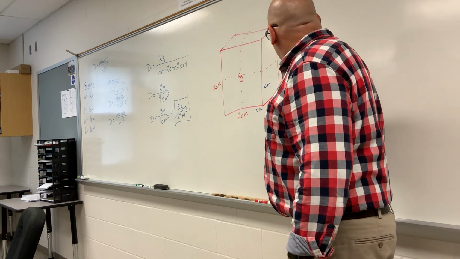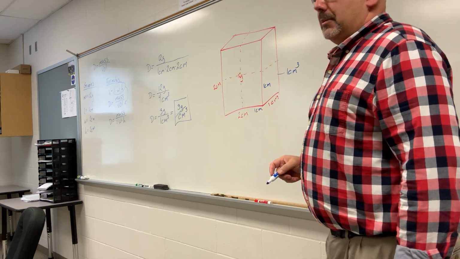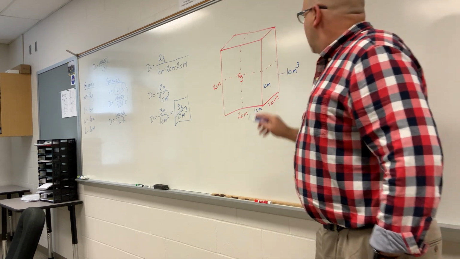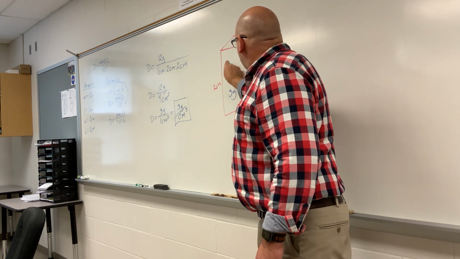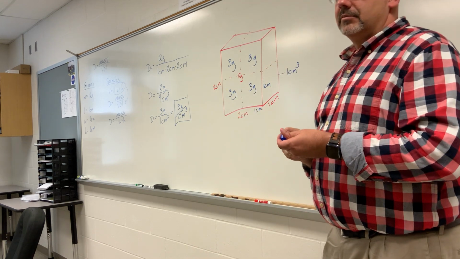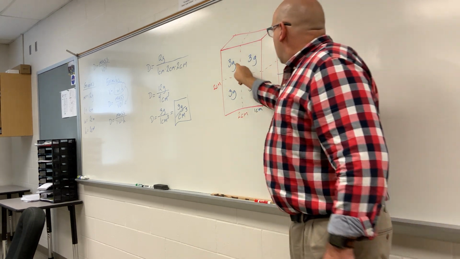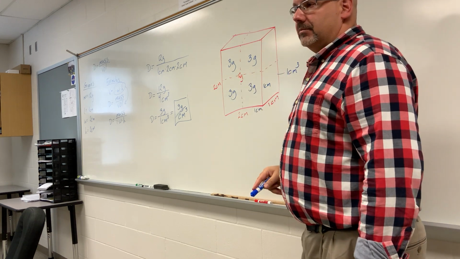This right here is 1 cubic centimeter. Now 1 cubic centimeter will have a mass of how much? 3 grams. This would be 3 grams, this would be 3 grams, and 3 grams. So combined, it would have a total mass of 12 grams.